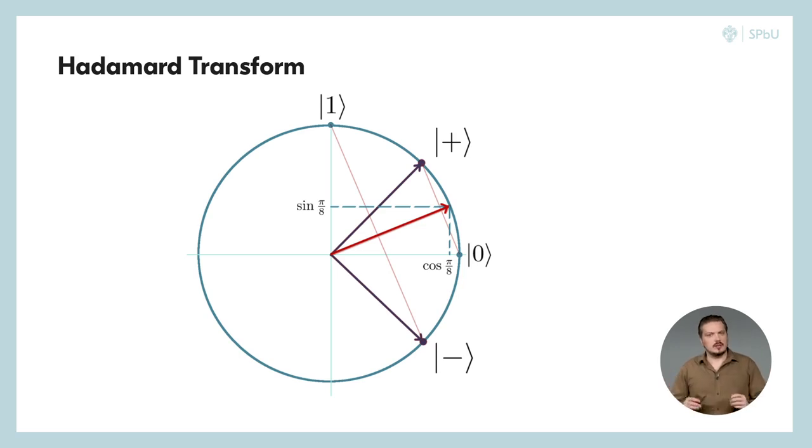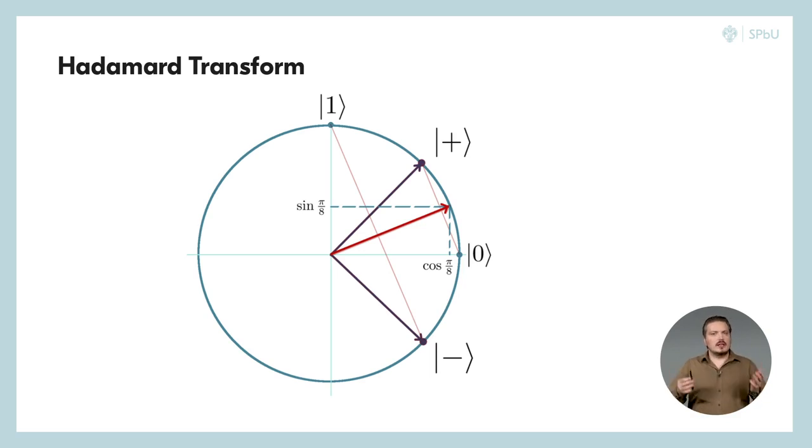On this picture, you can see the geometrical interpretation of the Hadamard transform action. 0 it maps to plus, and 1 it maps to minus. It is easy to see that both these actions are actually the reflection across this direction painted in red.